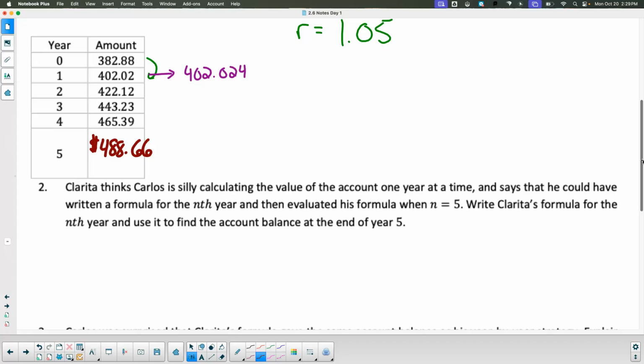What would her equation be? Actually, you know what? Tap the brakes. What do we got for an equation?